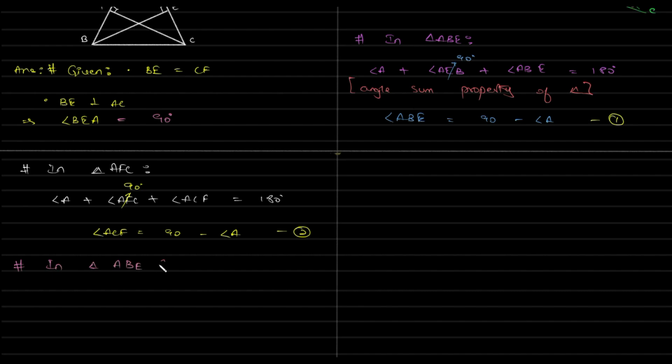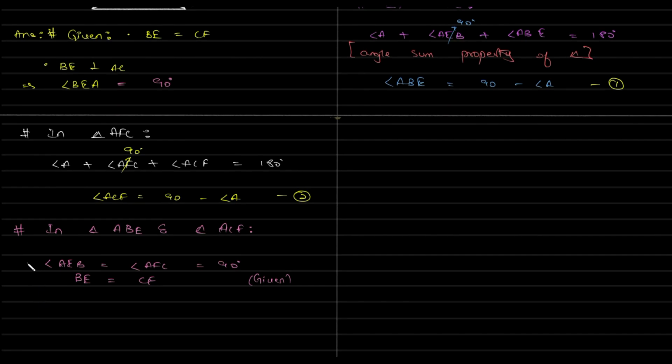Now in triangle ABE and triangle ACF, we have angle AEB, which is equal to angle AFC. Both of them are equal to 90, and we have the altitudes which are equal. This has been given.